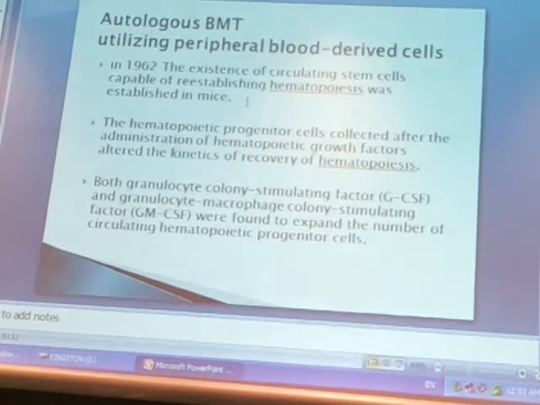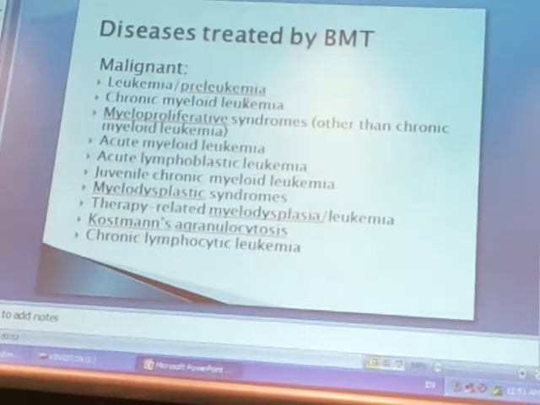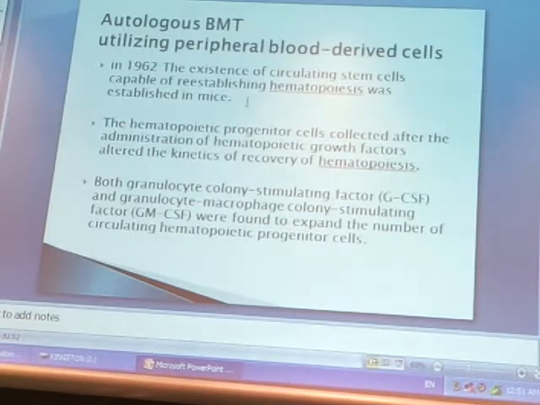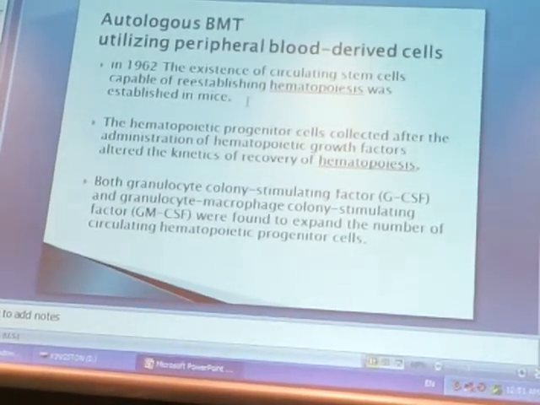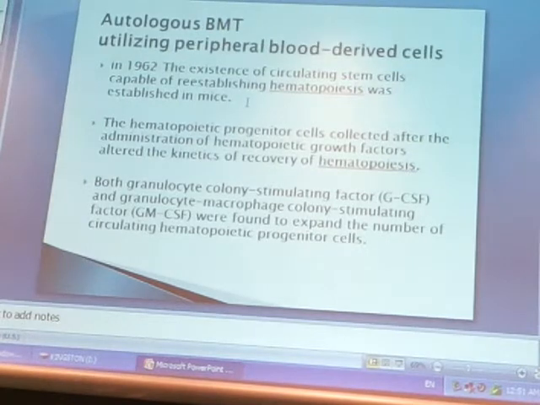Okay, we already talked about peripheral blood. Okay, what are the indications for bone marrow transplant? Yes, leukemias. It came first. Leukemias. What type of leukemia? How many types of leukemia do you know? Acute and chronic.